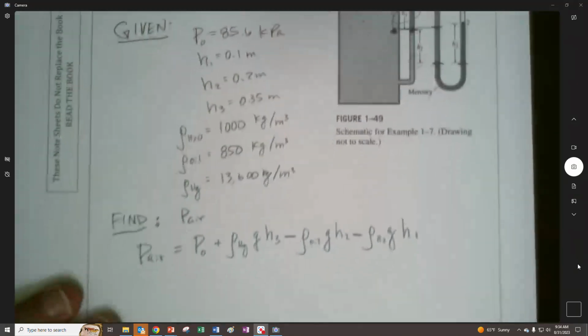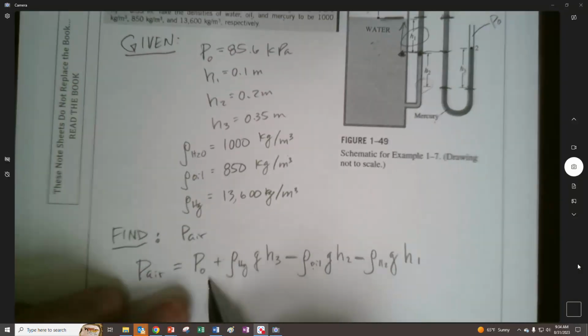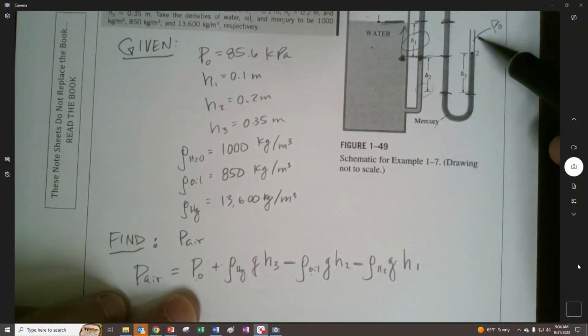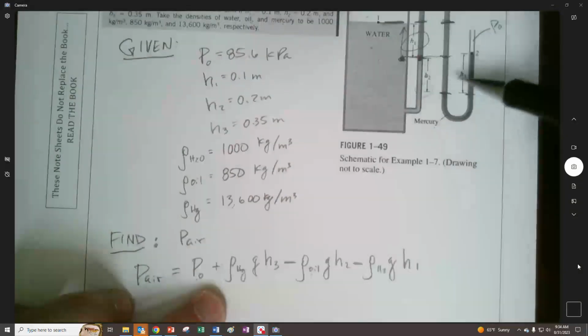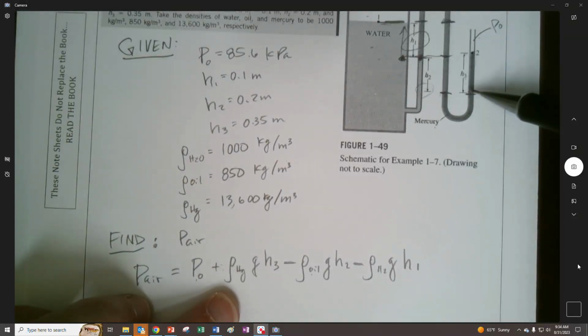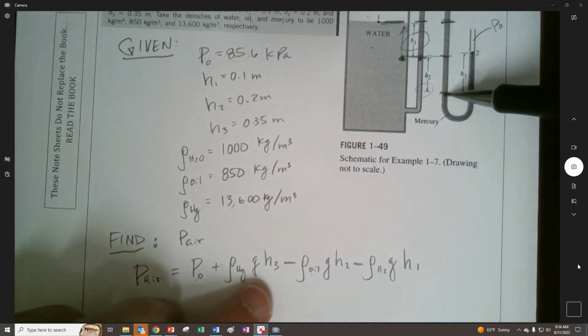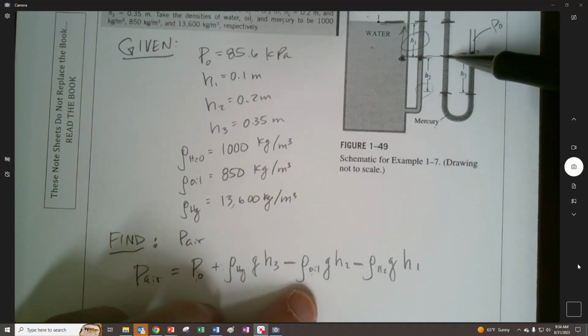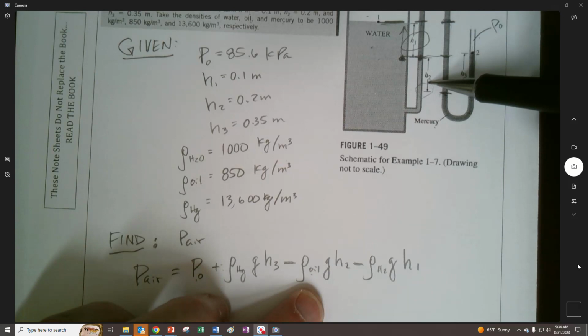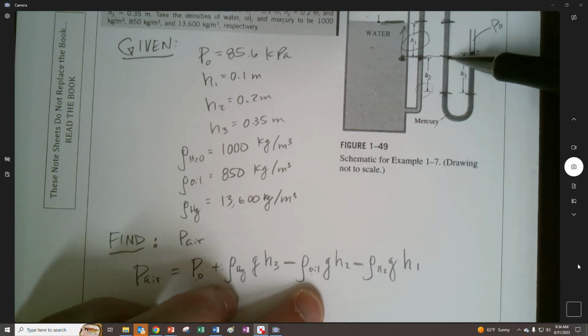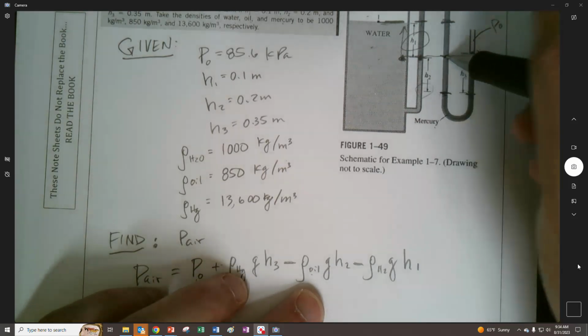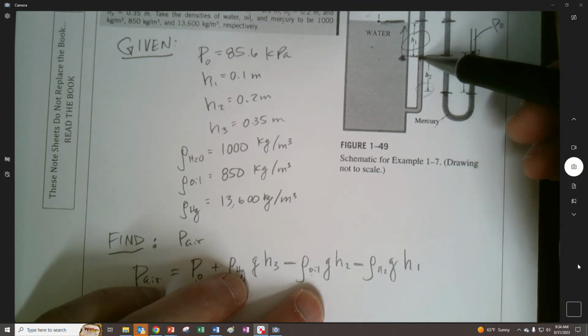So let me go through that again, all right? Start here at this pressure, swim down to get to here, and of course this is the same pressure as that, so we swim over, nothing changes. We go upwards to right here in the oil, that h2, and then we notice that pressure has to be the same pressure as that, which has to be in oil, which has to be the same pressure in the water, right?